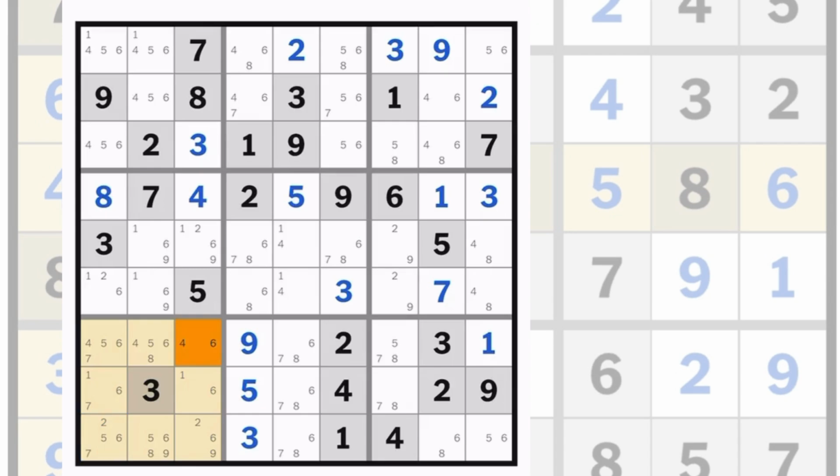Similarly we remove 4 from here, so this becomes 6. So once again we remove 6 from all these cells. This becomes 1. So here also we remove 6. So this becomes 7. So we remove 7 from here. We remove 7 from here.